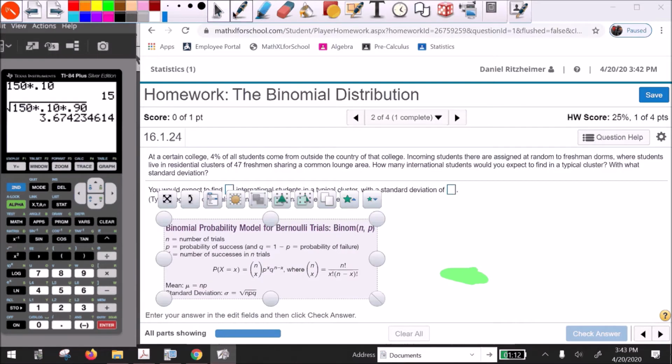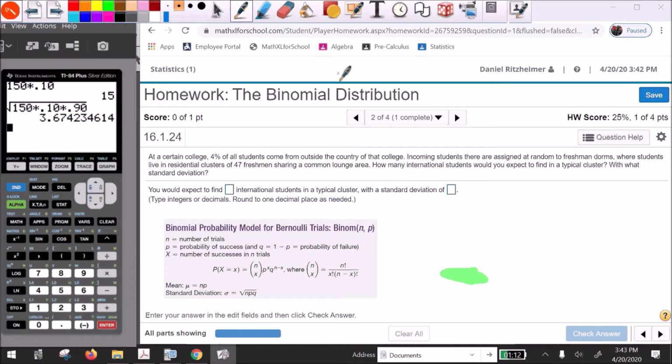At a certain college, 4% of all students come from outside the country of that college. Incoming students there are assigned at random to freshman dorms where students live in residential clusters of 47 freshmen sharing a common lounge area. How many international students would you expect to find in a typical cluster?